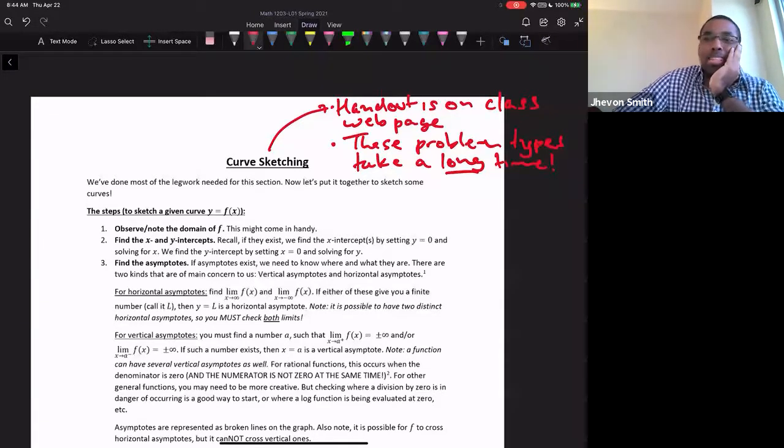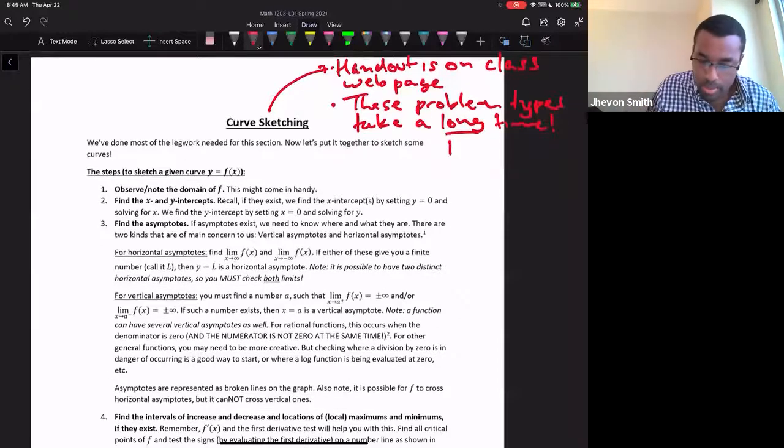Curve sketching problems will tend to be the longest problems you have in this class in general. It will be the problem that takes the most time. So I don't really want to do a lot of examples because it's going to waste a lot of time. I will if it's super confusing, but I don't think it will be if you remembered all the things that we did before. But you should take 10 to 15 minutes on any of them.